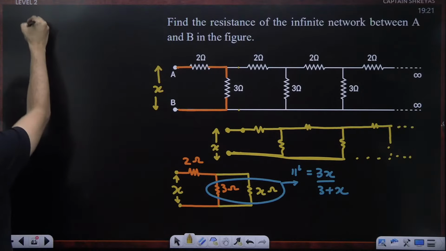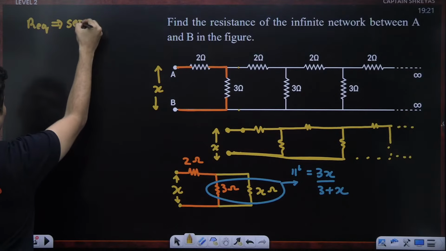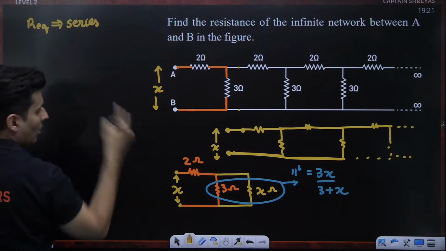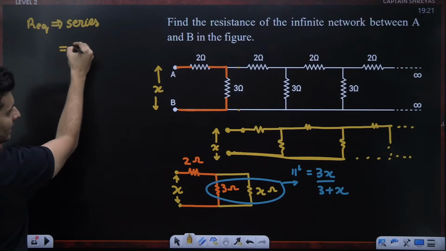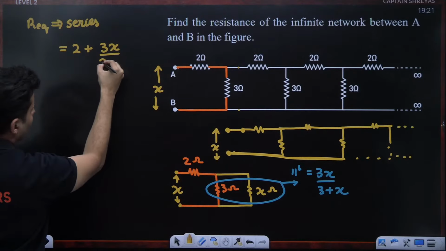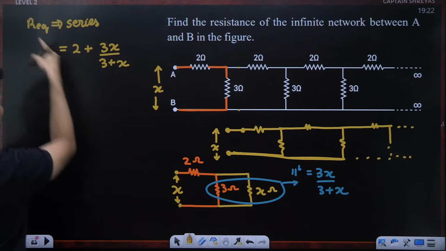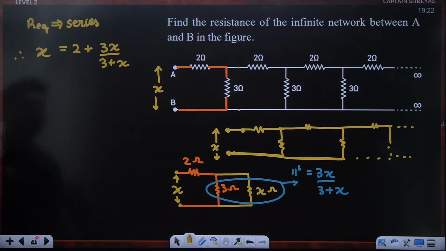So the equivalent circuit is the series combination of 2 ohms and this one, which is basically 2 plus 3x divided by 3 plus x, and the equivalent is also x. That is what I see.